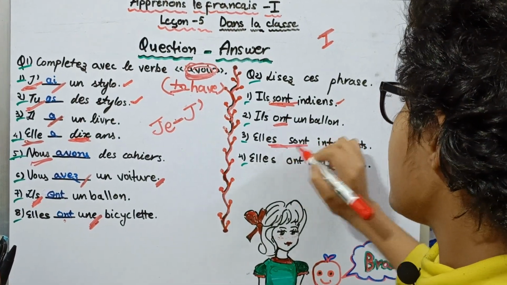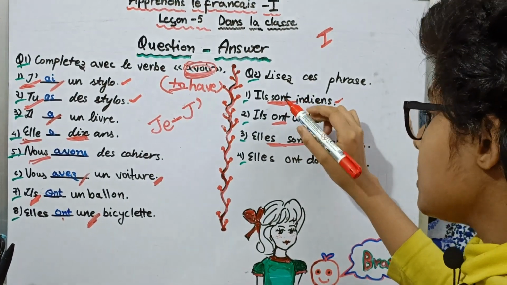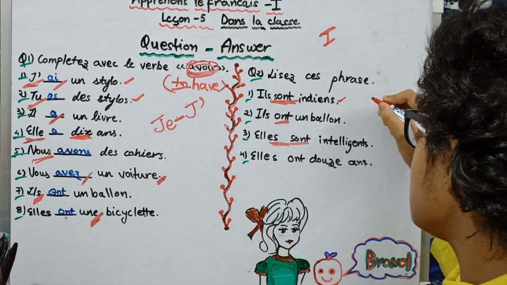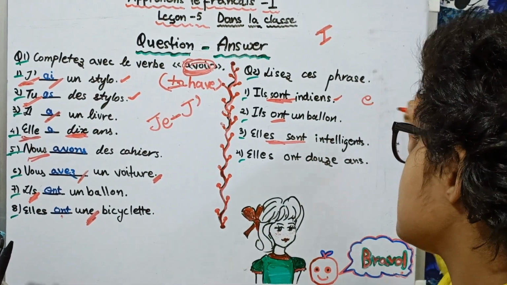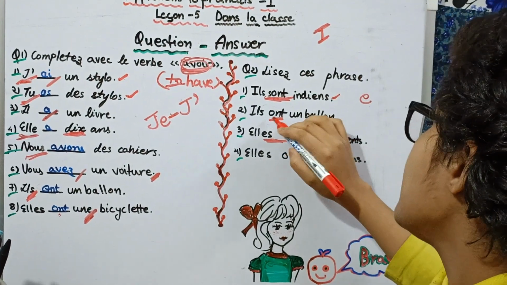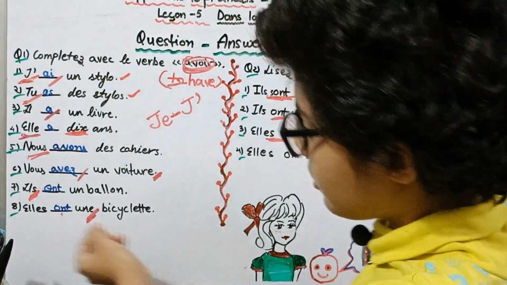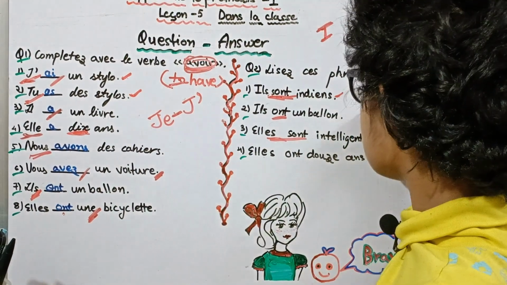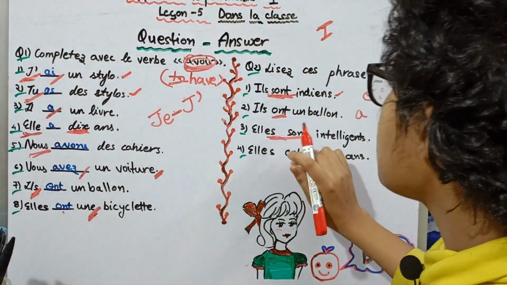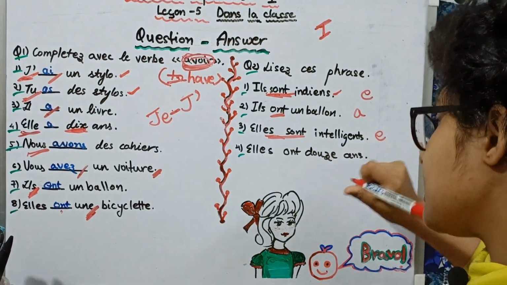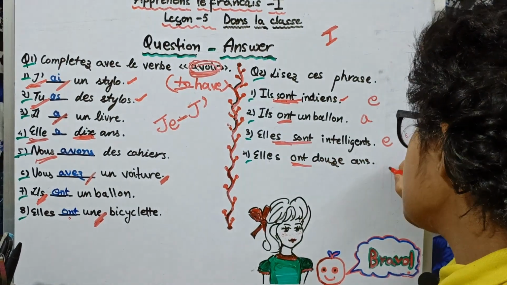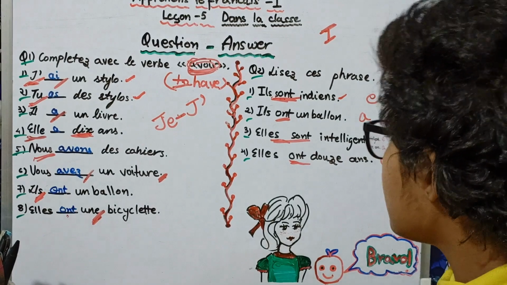Here we have the first sentence in which sont is the conjugation of the verb être. So I won't write the full thing, I will just write être for e, and ont, as you can see, is the conjugation of the verb avoir, so I'll write a. In this we again have sont, which is the conjugation of the verb être, and ont, which we see here, is a conjugation of the verb avoir.